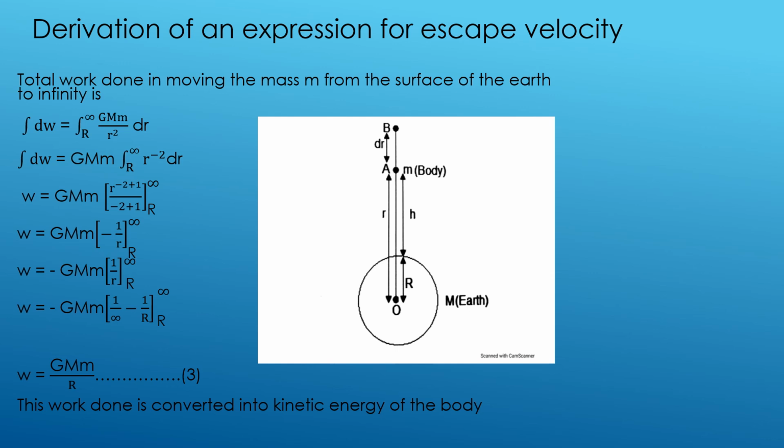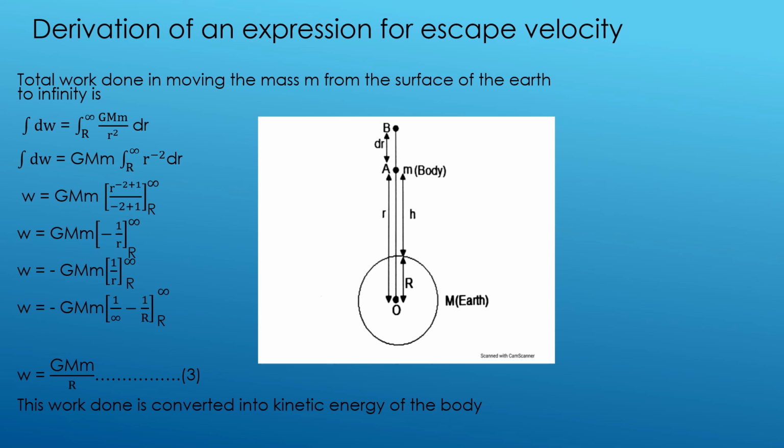So what remains is W is equal to capital G, capital M, small m divided by R, because minus minus becomes plus. We consider this as equation 3.